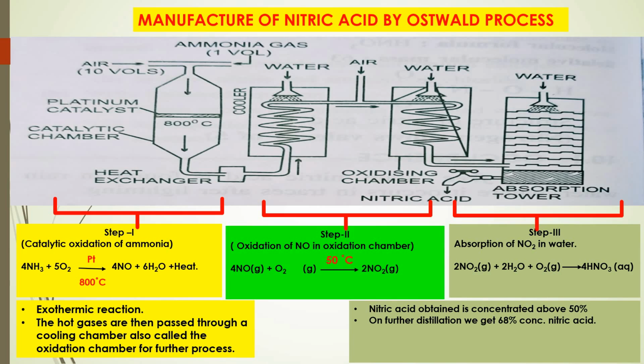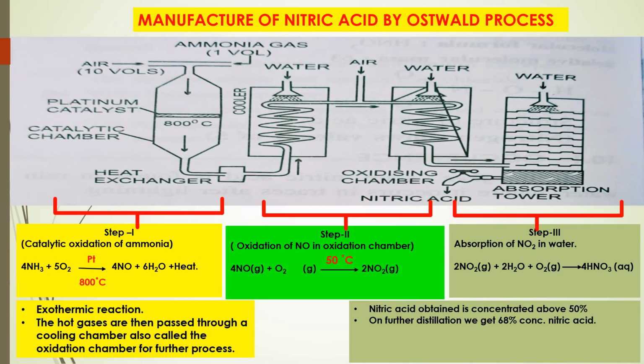Now by the distillation of aqueous nitric acid, we can only get 68% concentrated nitric acid. This is because when the aqueous solution of nitric acid is heated, it forms a constant boiling point at around 121 degrees Celsius.